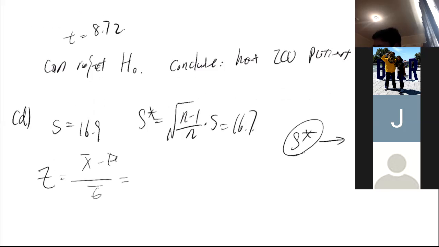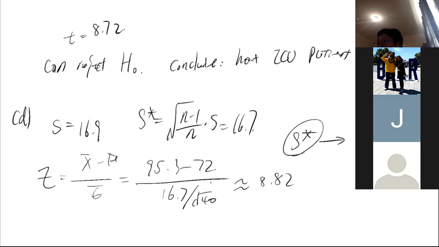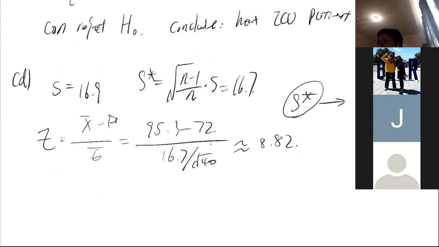So the z-score in this situation is 95.3 minus 72 over 16.7 over the square root of 40, which is roughly 8.82. And remember, when we calculate the z-score, we're finding the critical value, and the significance level is 0.05.